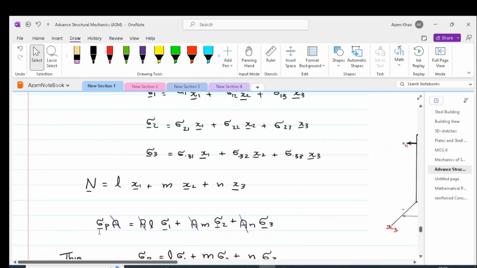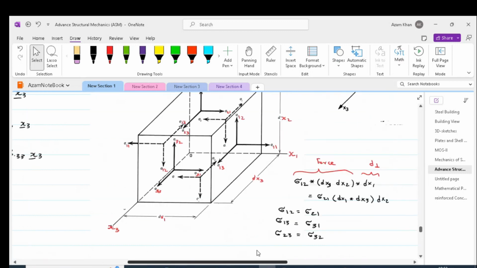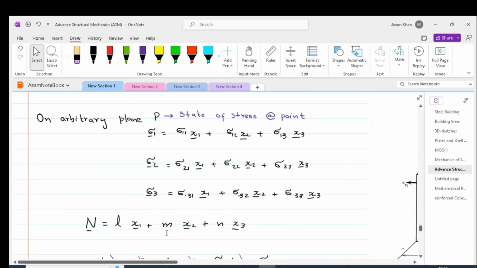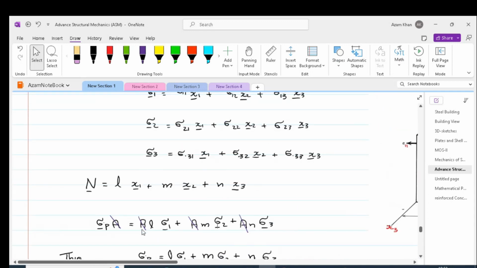Thus, using the equilibrium, we can write that stress sigma P times A, which is the area of the plane of interest B and C, is equal to sigma 1 times AL plus sigma 2 times AM plus sigma 3 times AN. Please note that A is multiplied with sigma to get the equation in force.